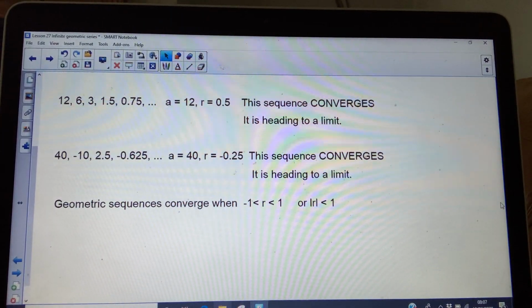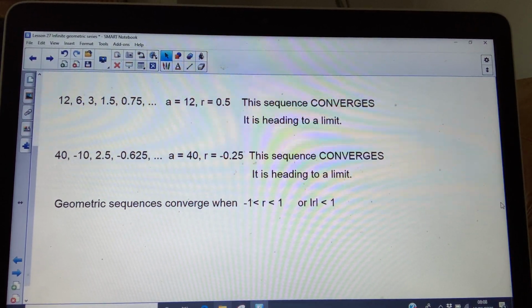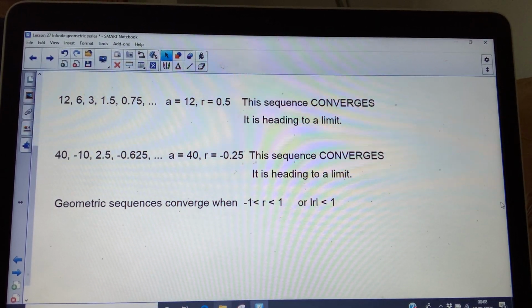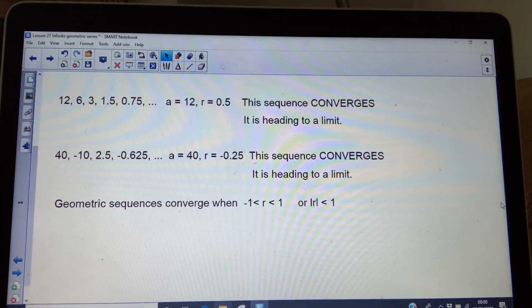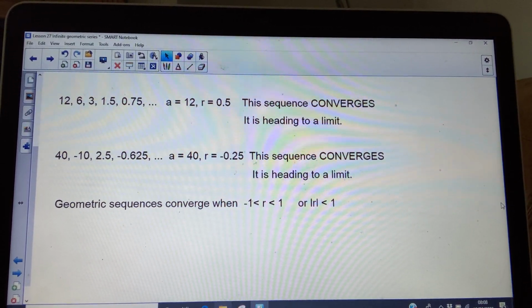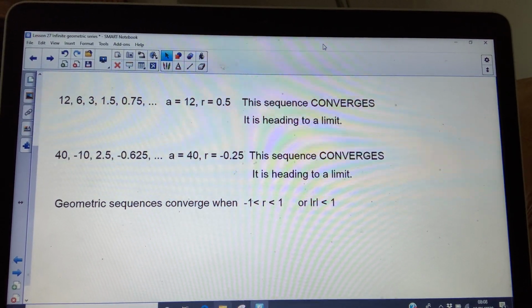Your common ratio has to lie between 1 and -1. It can't equal 1, because then your terms would just stay the same. If your common ratio lies between 1 and -1, sometimes written using a modulus sign, then your sequence will converge.